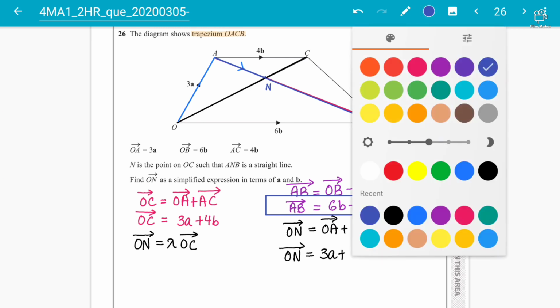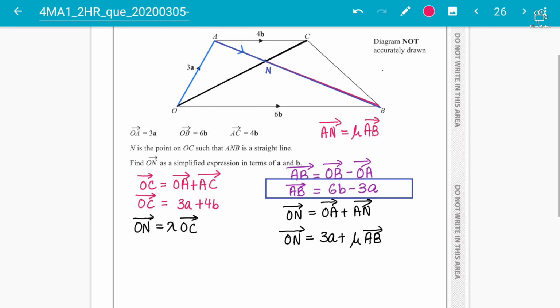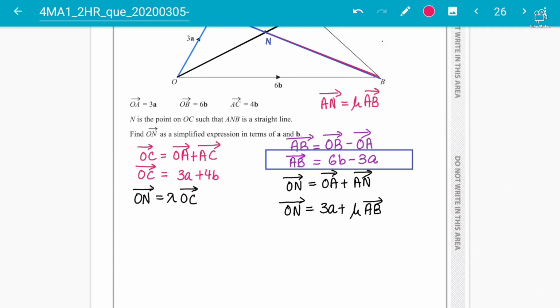We can use that to make it mu times AB. AN can be written as some constant value, that is mu times AB, whatever the vector AB is. So here we go students, we got the two equations.